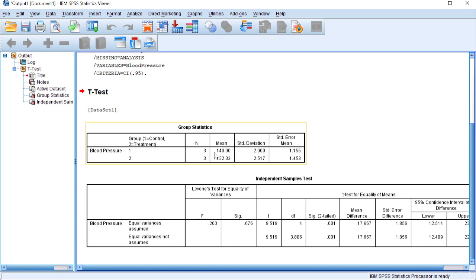Now, something just struck my mind. You might be wondering what DF is. DF means degree of freedom. You don't really need it to interpret if there's a significant difference. That's why I only talked about sig, two-tailed, and the T value. There's a formula you can use to calculate it, which is n1 plus n2 minus 2.